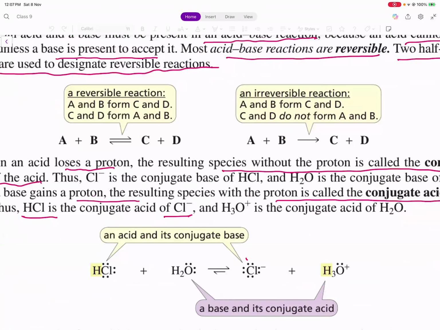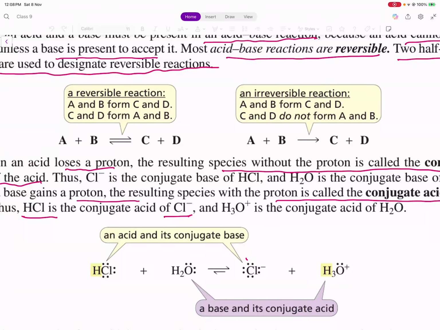A reversible reaction is a reaction which can go from A plus B to form C plus D, and C plus D can also react to give A and B. An irreversible reaction is something in which this is not possible. Only A plus B can react to give C and D, but C and D cannot react back and give A and B. So that is the basic difference between these two, right?